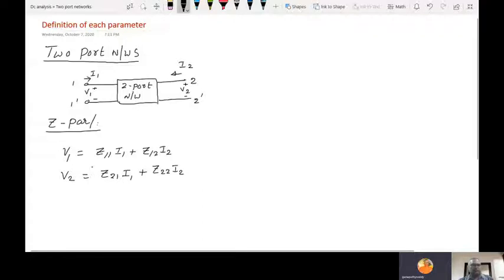So V1, V2 in terms of Z parameters and I1, I2. This V1, V2 are named as dependent variables, whereas I1, I2 are independent variables.